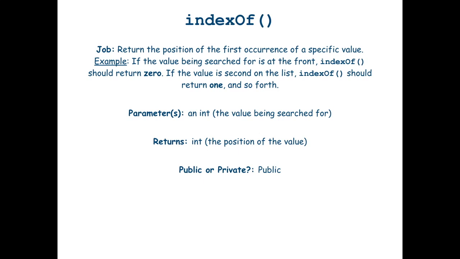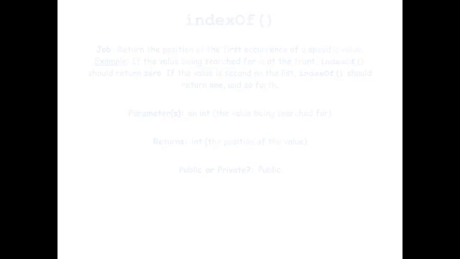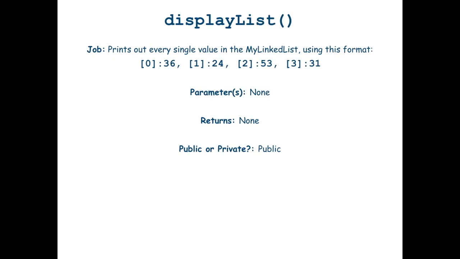Just like with vectors, just like with array lists. Likewise, if the value that I'm searching for happens to be the 8th element in the list, then indexOf will return the number 7, because that is what would be the index of that value.